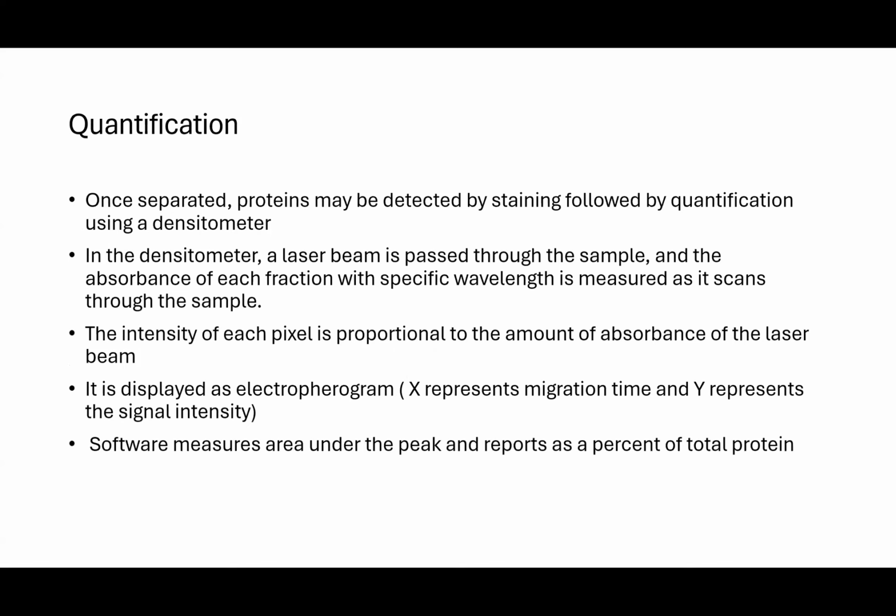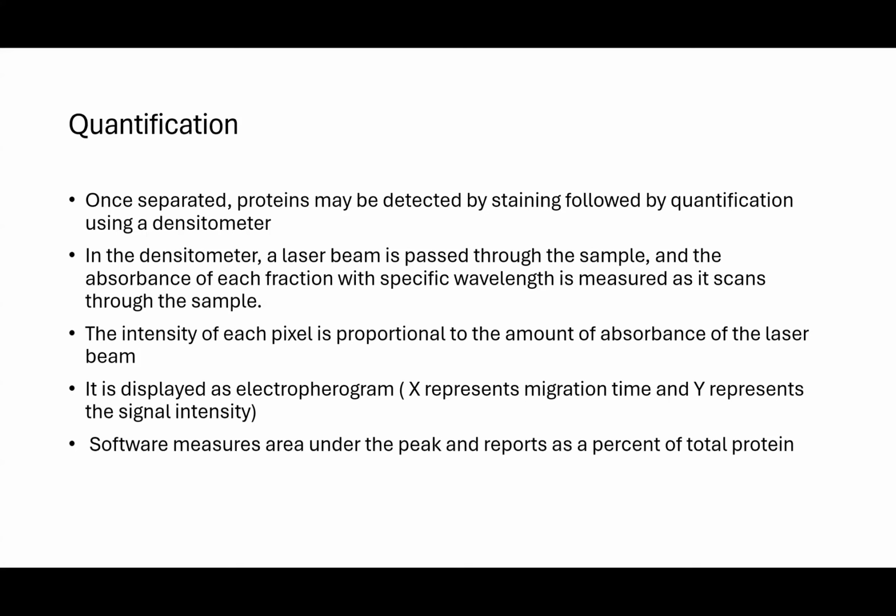And the last step is quantification, obviously, of these separated proteins. We can do this by using a densitometer. In the densitometer, a laser beam is passed through the sample, and the absorbance of each fraction at a specific wavelength is measured as it scans through the sample. The intensity of each pixel is proportional to the amount of absorbance of the laser beam, and then it displays as an electropherogram.